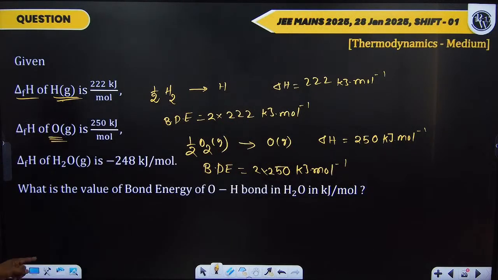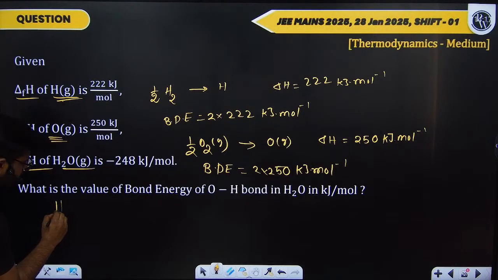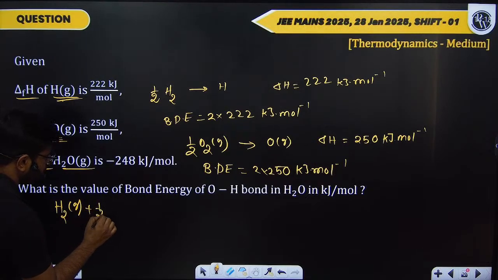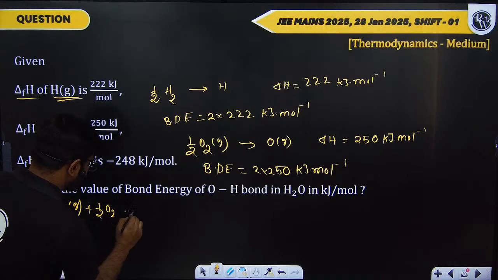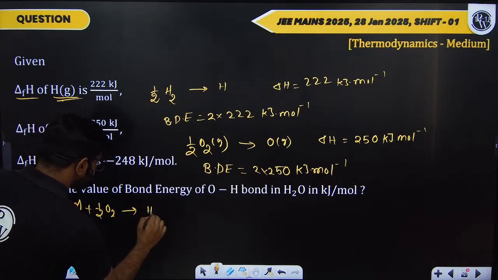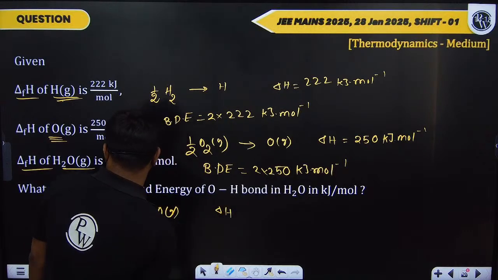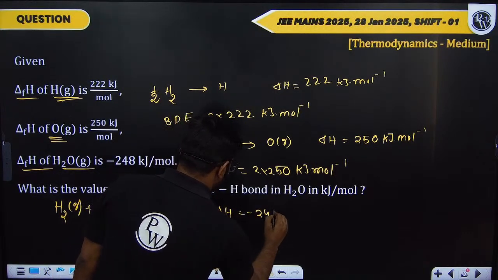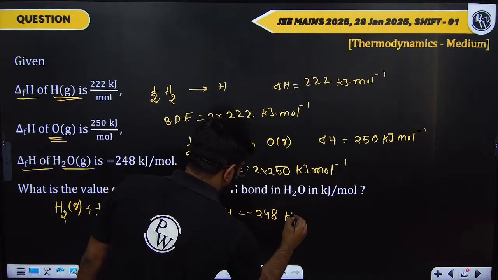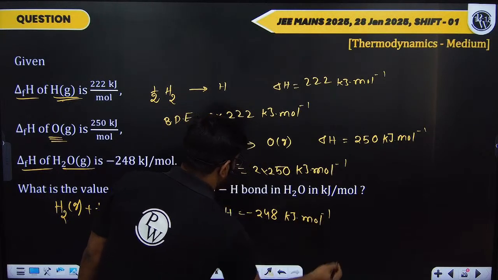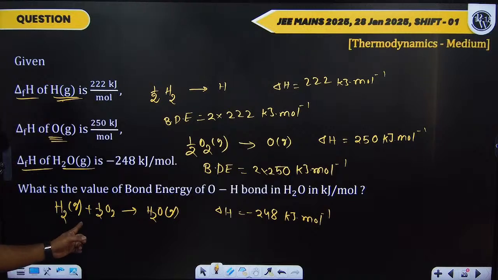Now they have given the enthalpy of formation of water. Enthalpy of formation of water means the elements, hydrogen plus half O2, gases, enthalpy given, correct? Now for this reaction, this is the change in enthalpy.